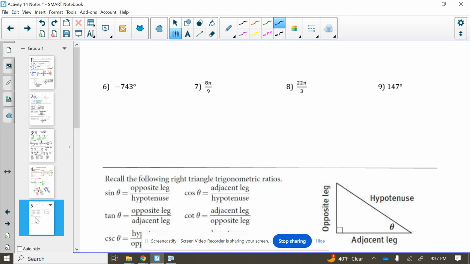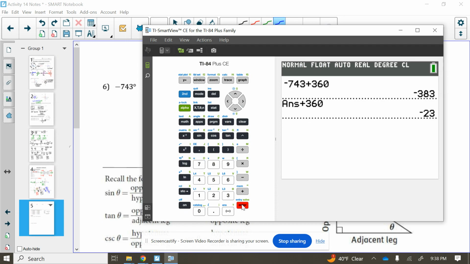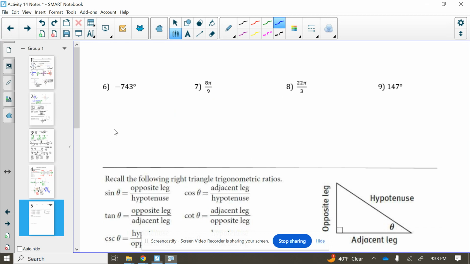Right, now sometimes they don't give you a picture when it comes to finding these reference angles, but that's okay. We can use the same idea and think about, okay, if I'm at negative 743, again, I'm going to add 360 a couple of times to make this into a positive value that's easier for me to deal with. In this case, 337 would be a coterminal value to that and have the same reference angle size.